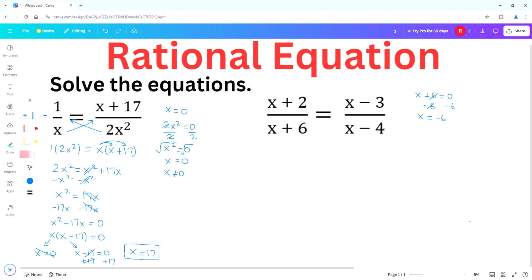Now we can use the second denominator. I get x equals 4. So this rational function equation has two restrictions, negative 6 and 4.